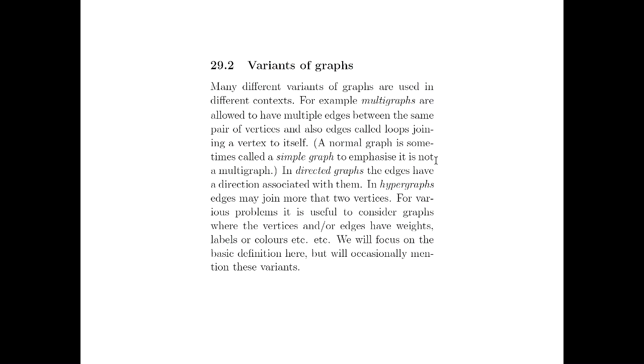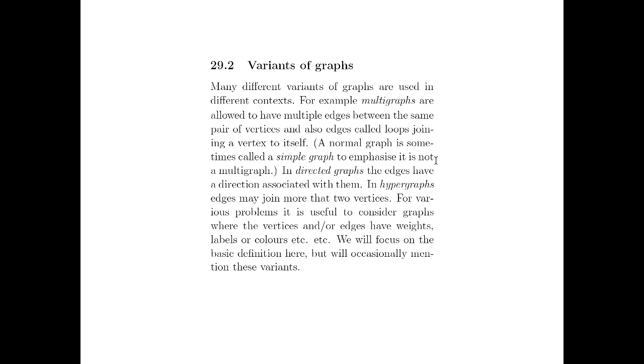Okay, so this is mostly to talk about things we won't be looking hard at here. There's plenty of different variations you might want to do with graphs under certain situations. If you're modeling a traffic network, you might want some of your edges to have directions because one-way streets exist.